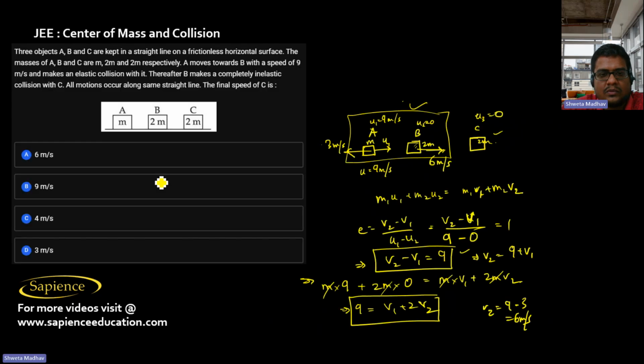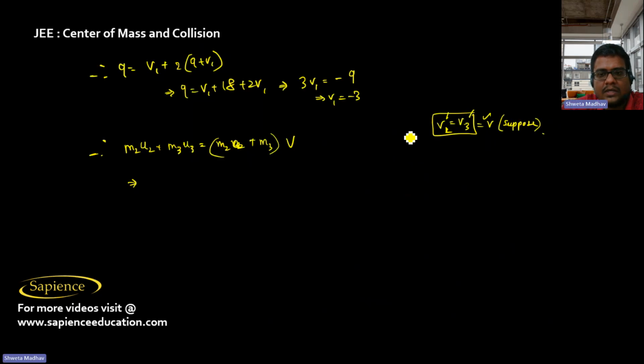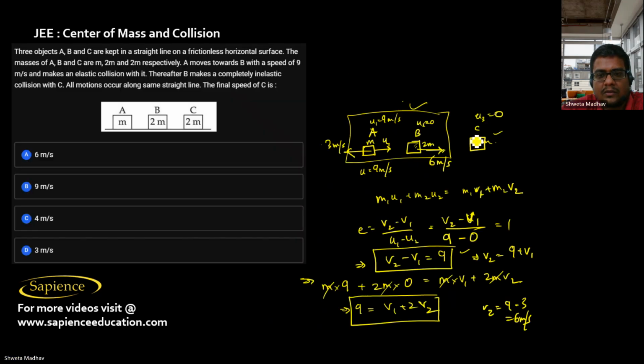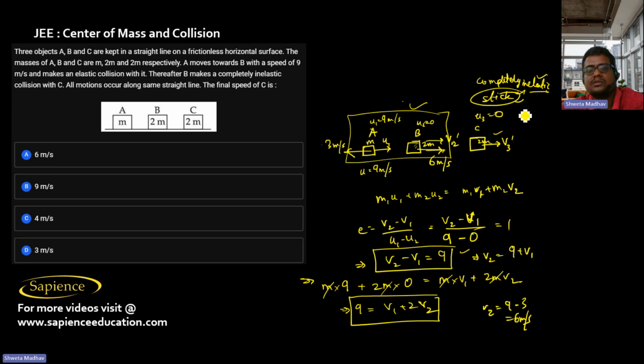So I'm saying V2 dash is the velocity of block B after inelastic collision with C, and V3 dash is the final velocity of C after inelastic collision with B. So they will be same, since they will stick to each other. It is told that it is a completely inelastic collision, which means they will stick to each other.